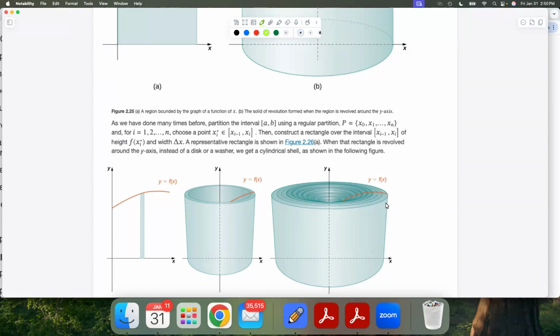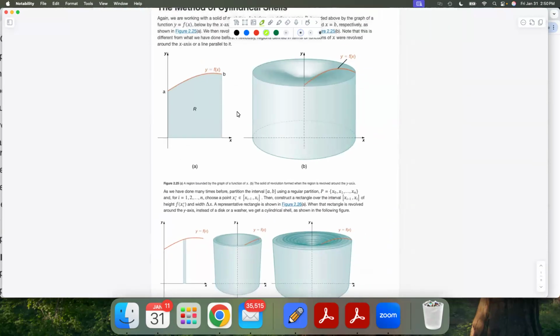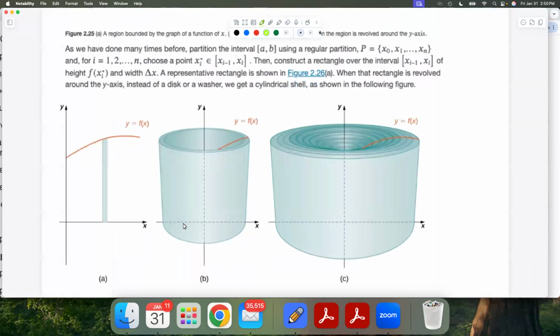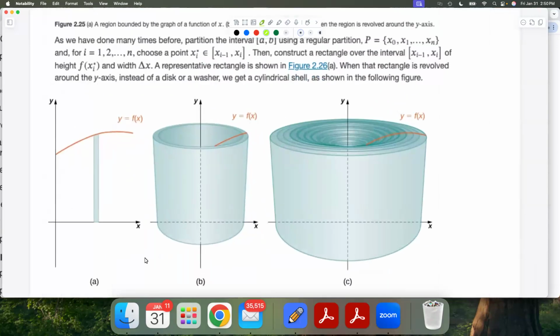So we've rotated here around the y-axis, but my little differential here is going to be a dx, a little delta x. With cylindrical shells, whatever you rotate around, you integrate with respect to the other one.